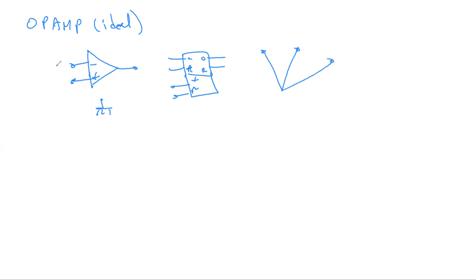So if this is negative, positive, output, and this is our ground representation. It becomes a little bit more hairy to show it in terms of a graph or block diagram. Let's have a look at the characteristic equation.